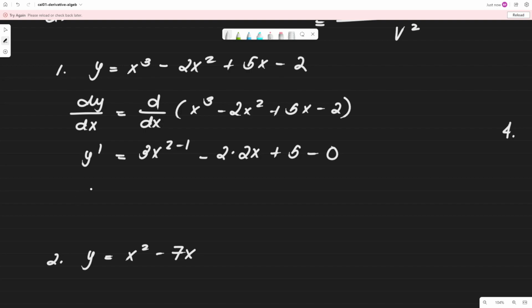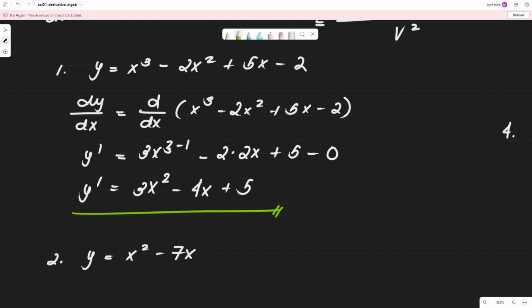Therefore the answer is y prime is equal to 3x squared minus 4x, kasi 2 times 2 is 4, plus 5. This is our answer. Huwag niyo kakalimutan yung mga basic theorems, kasi up until gumraduate kayo, magagamit niyo yan.